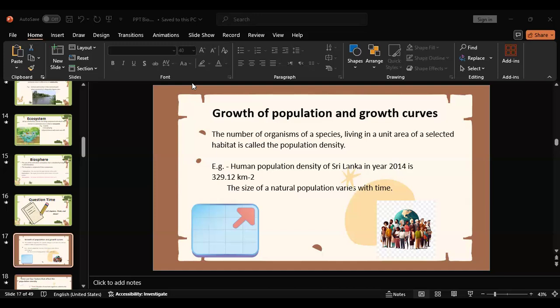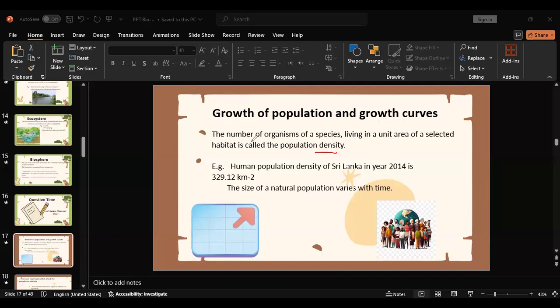Here, growth of population, we have already seen what population means, right? The number of individuals belonging to the same species. Here, when you talk about population density, density means you are taking the population amount. In a particular area and a particular time period, there is an amount.